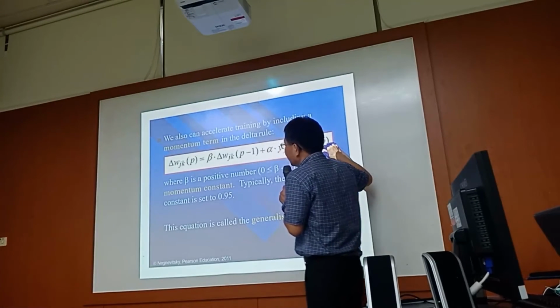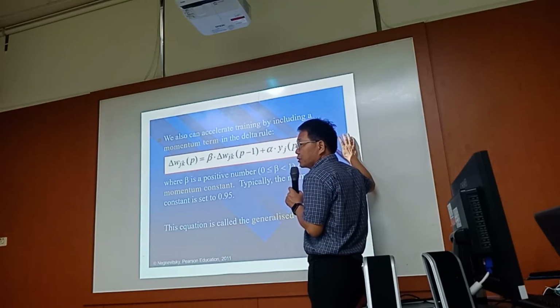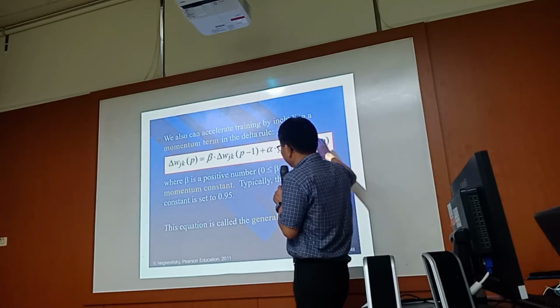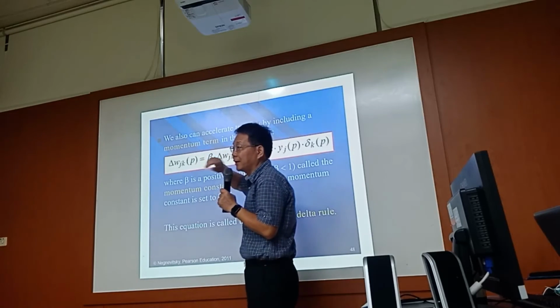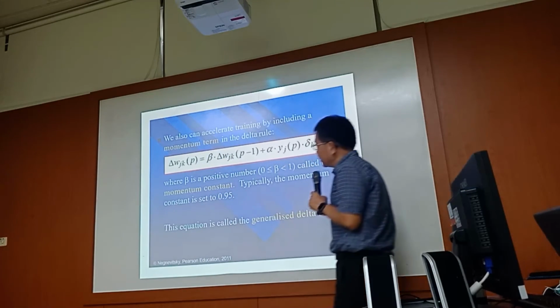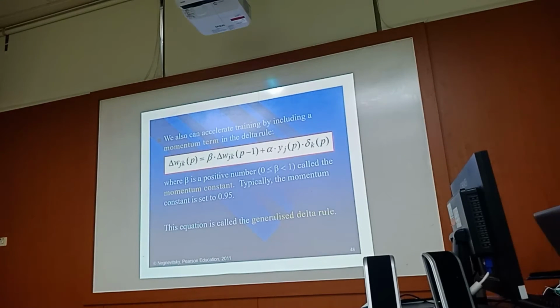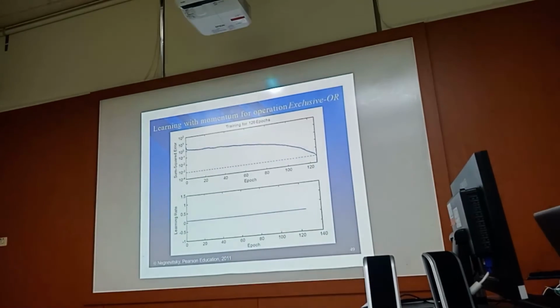So when you have a model, some research will provide a similar method but make some modification like this. He added the beta. This equation is called the generalized delta rule, generalized delta rule.